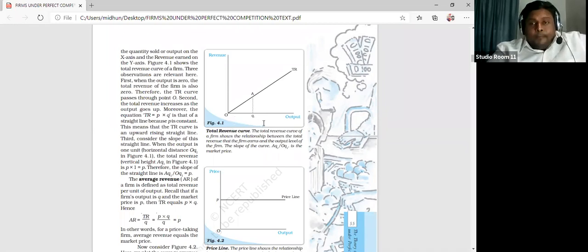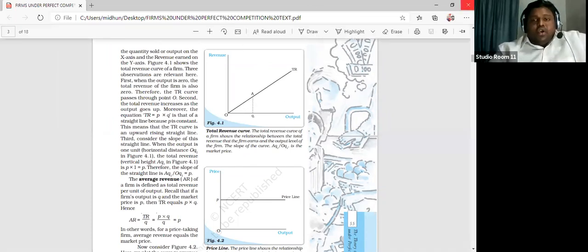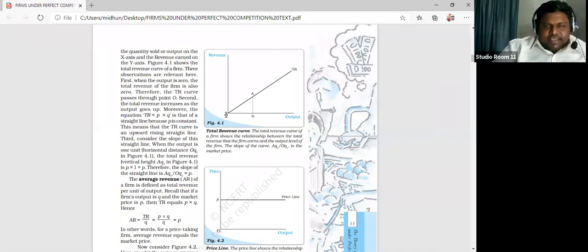So this is the total revenue curve, with the quantity sold or output on the x-axis and the revenue earned by the firm on the y-axis. Figure 4.1 shows the total revenue curve of a firm.